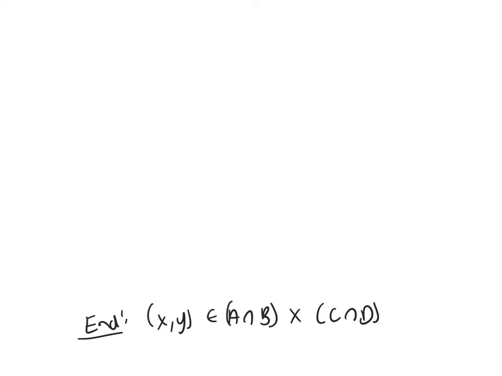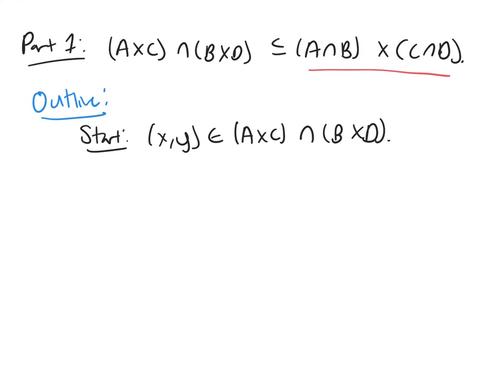So the end will be that xy is in A intersect B cross C intersect D. So this means x is in A intersect B and y is in C intersect D. So that's what I need to get to.